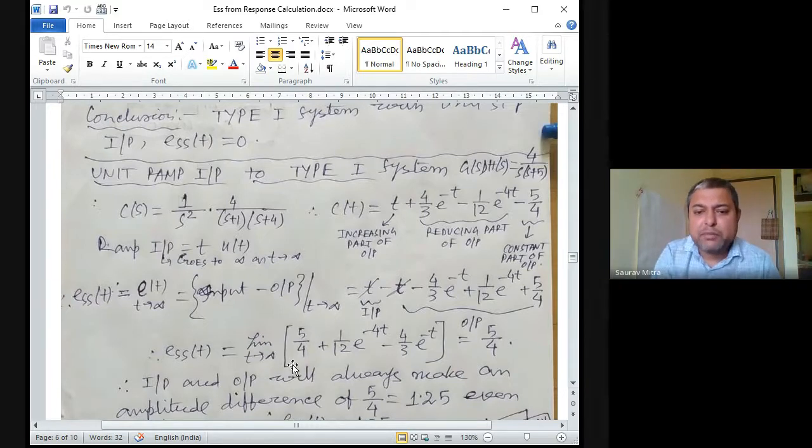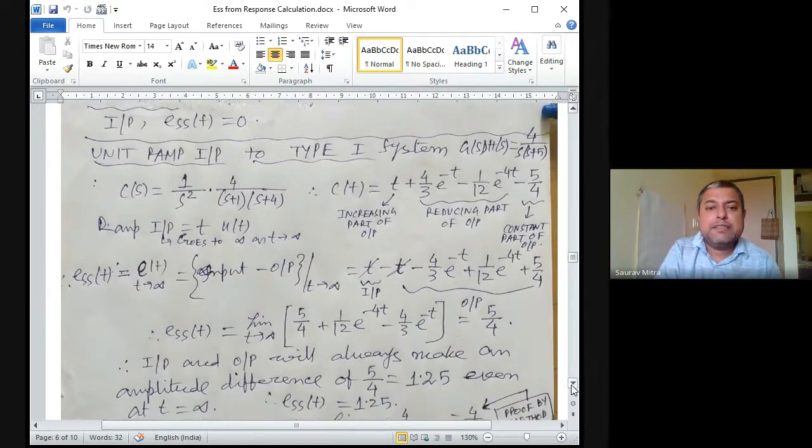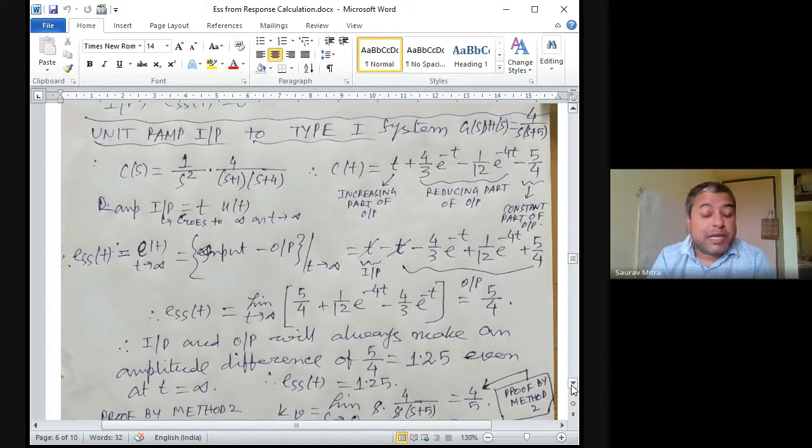Very important part, this is a first order type 1 system with ramp input. In that case, the t of the output and t of the input get cancelled. You'll find that this diminishing part will be there and this constant part will be there. If you substitute t tends to infinity, the diminishing part will become 0 and only the constant part will remain.